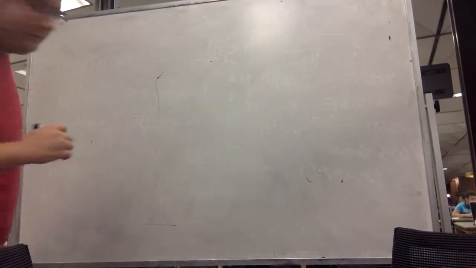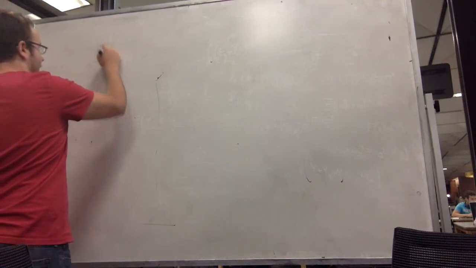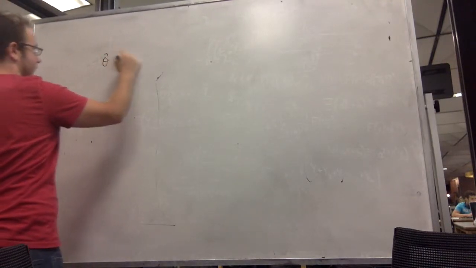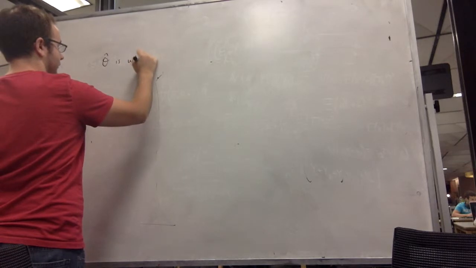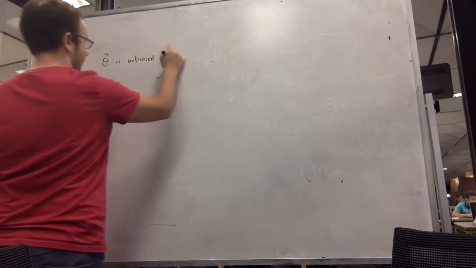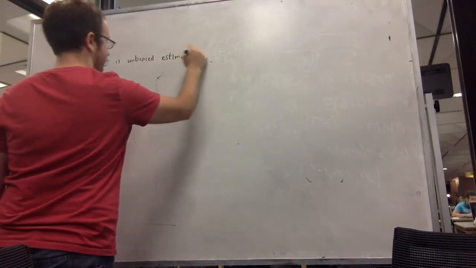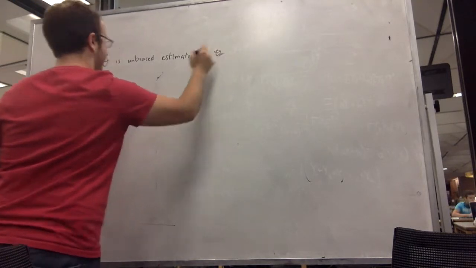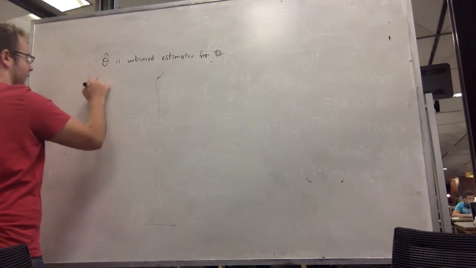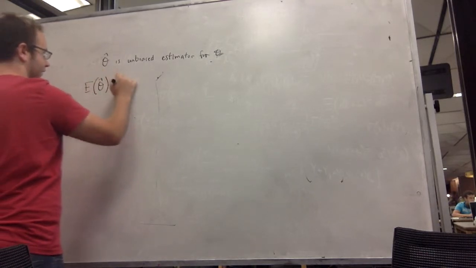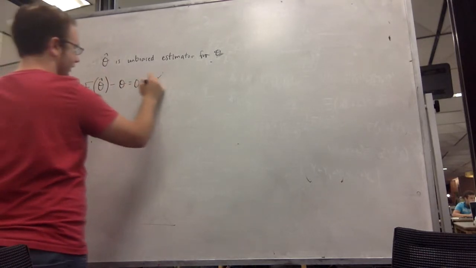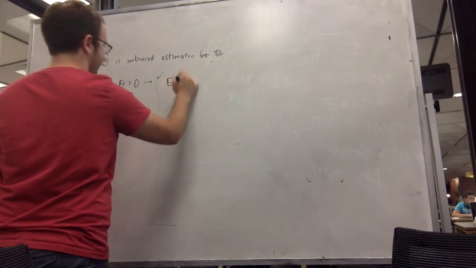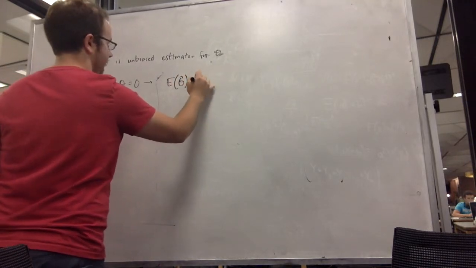Theta hat is an unbiased estimator for theta, which is to say the expected value of theta hat minus theta is 0, or you could say the expected value of theta hat equals theta.